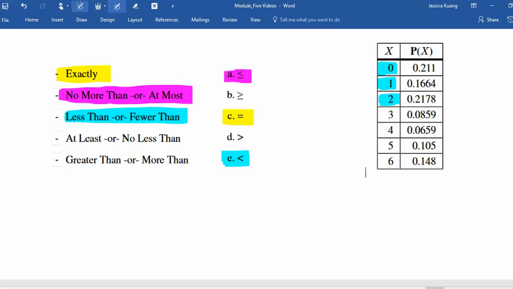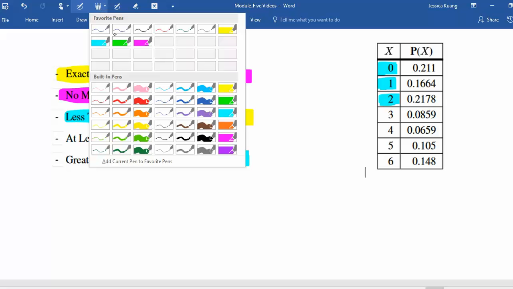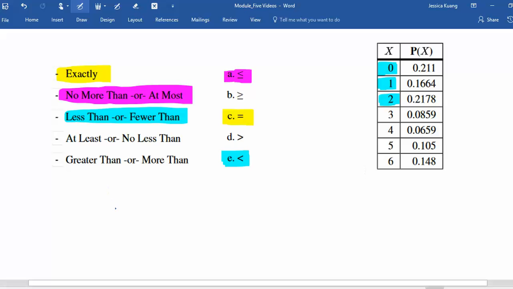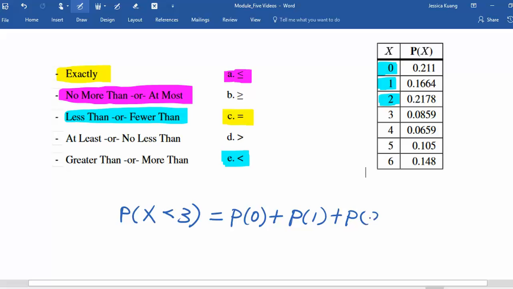And I would just like to add one more comment. If I want to calculate the probability of getting less than 3, so that would be the probability of x less than 3. That will be equivalent to the probability of 0 plus probability of 1 plus probability of 2.